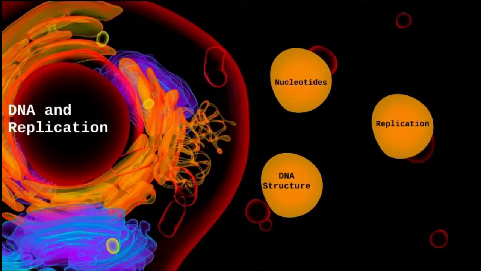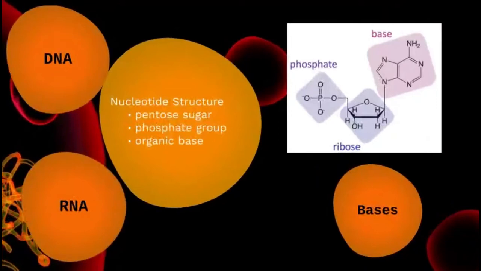So replication being how does DNA replicate itself? So every time our cells divide, again a topic that you're going to be covering in these next couple of weeks with Lauren, when our cells divide, how is DNA dividing? How is it replicating itself? So starting with structure, the monomer for DNA is a nucleotide.